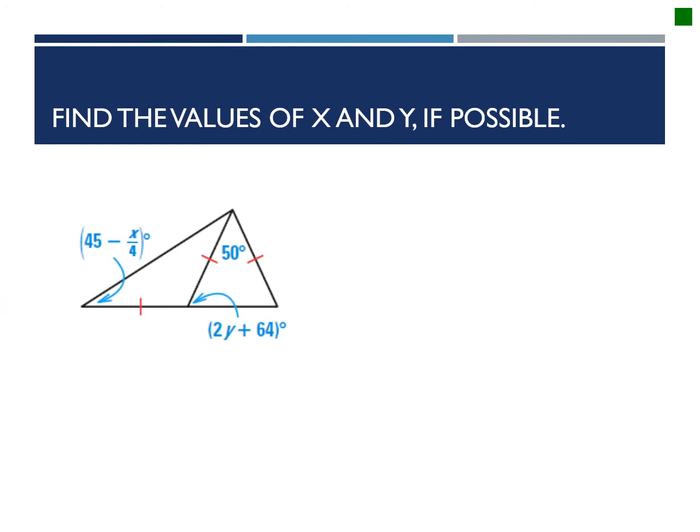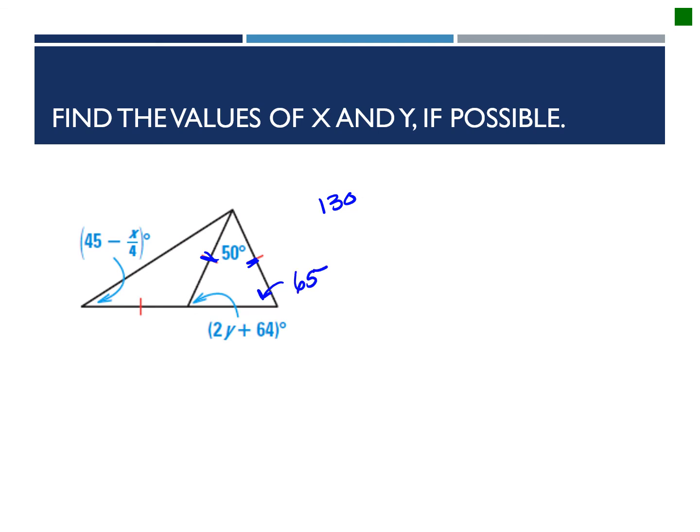All right, in this example, we know that these two angles are congruent because of the congruent sides, the base angle theorem. If this one's 50, that means that there's 130 degrees left, and dividing that by 2, each of these angles is 65 degrees.